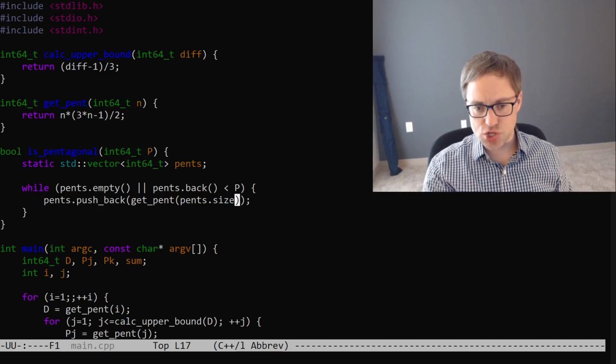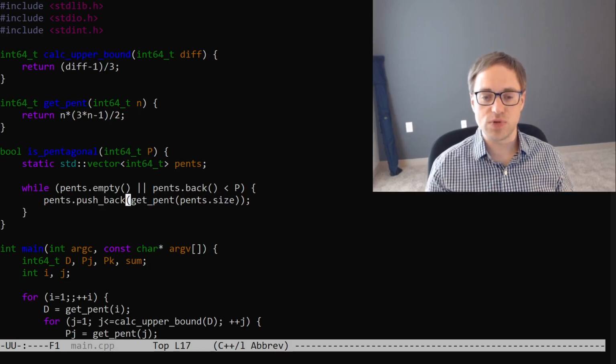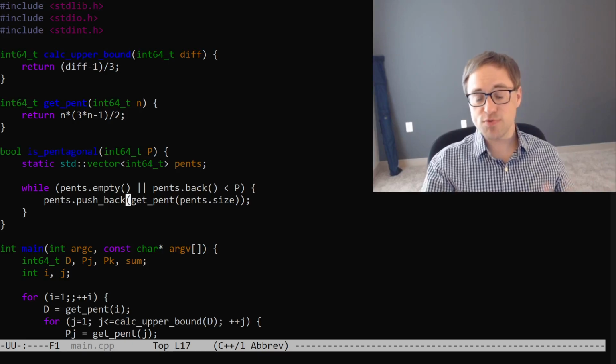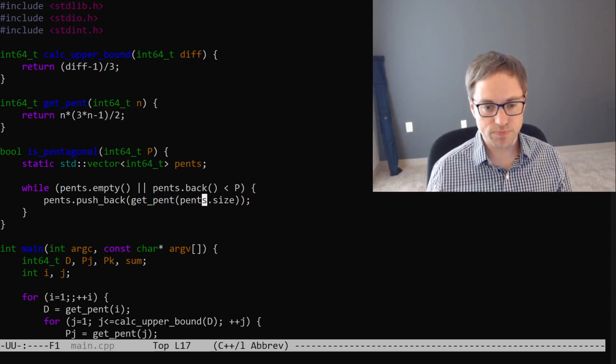And just to make sure that this is the correct argument, you can consider the case where pents has a single element, which is just 0, which is the 0th pentagonal number. The size will be 1, and so then we'll get the first pentagonal number and add that to the end, which is exactly what we want.